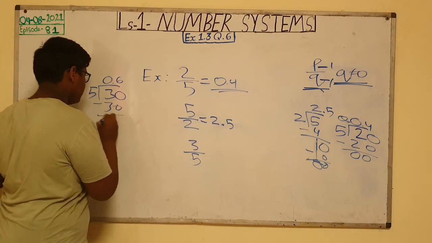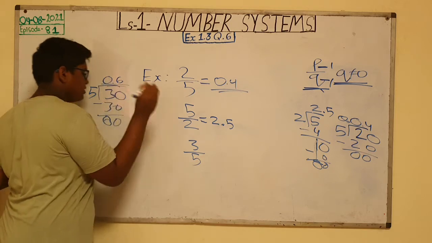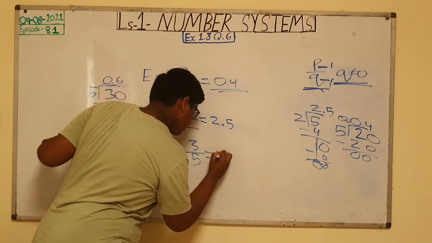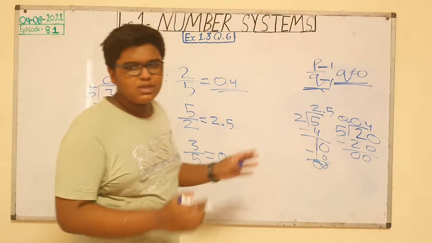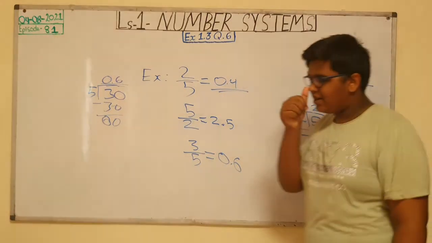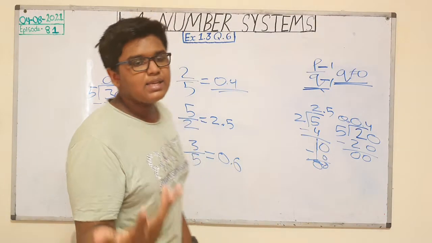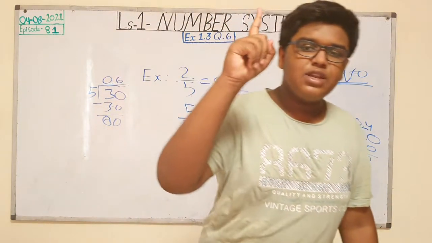The remainder will be 0. Now we have found some examples of the terminating decimal expansions, the numbers that have their common factor as only 1.